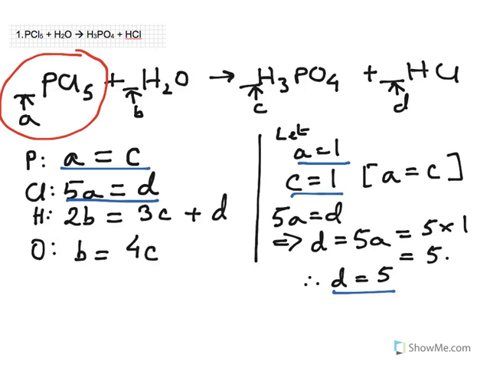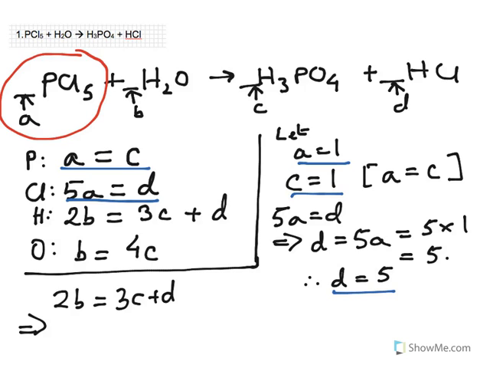Since 2B equals 3C plus D, we can divide both sides of the equation by 2, which will give us B equal to 3C plus D over 2.